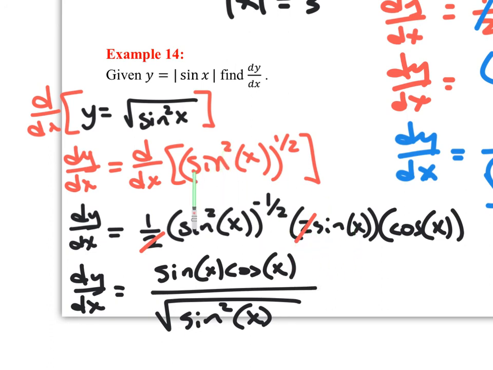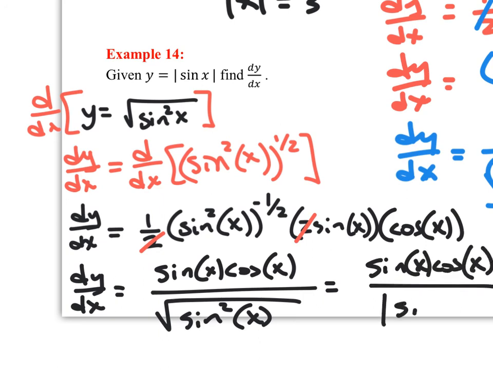And then the very inside, so I did chain rule twice, the derivative of sine x is cosine x. So these 2's canceled, sine x and cosine x stay on the top. I brought this to the bottom, making it a positive square root, and therefore the derivative would be sine x cosine x over the absolute value of sine x.